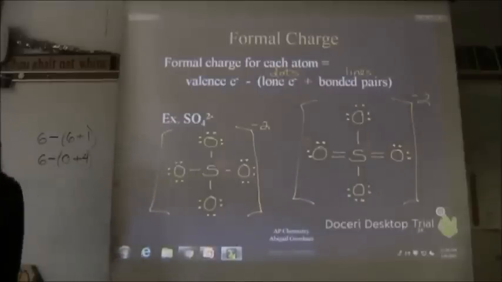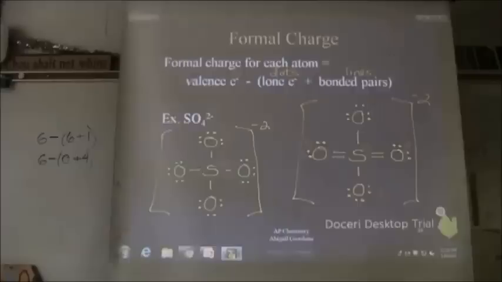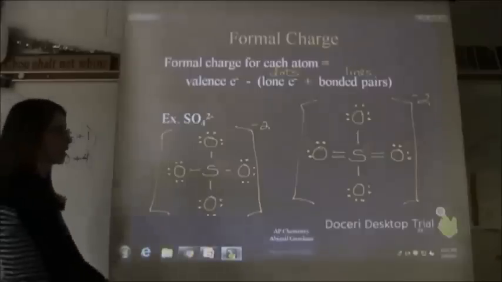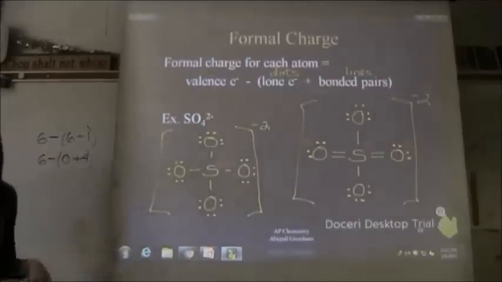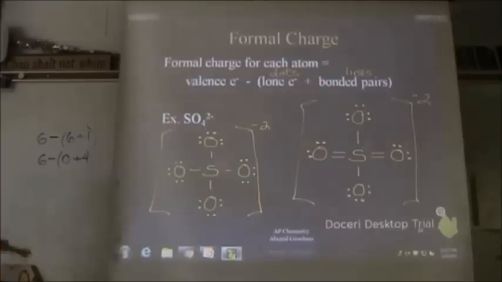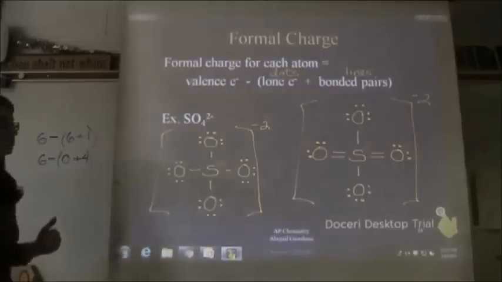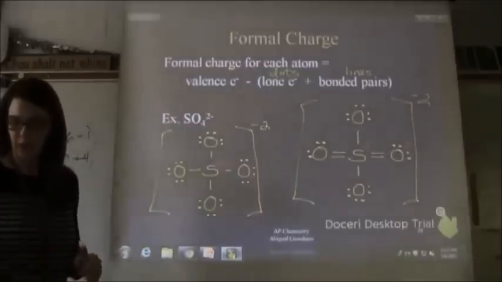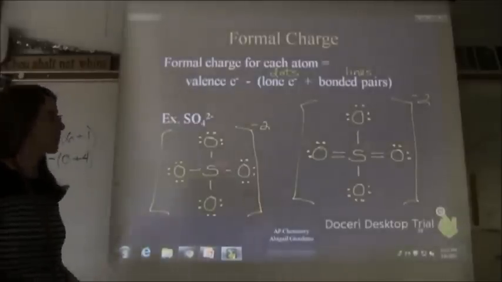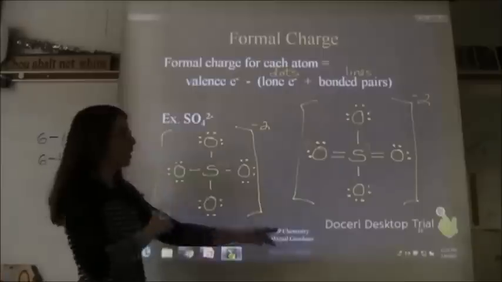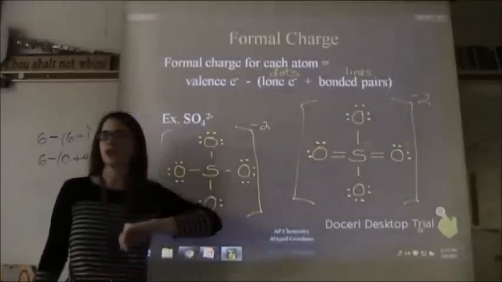The better structure is the one that has more formal charges equal to 0. So, which one is the better one? Second one, yeah, the one on the right. Okay, this is the better structure.